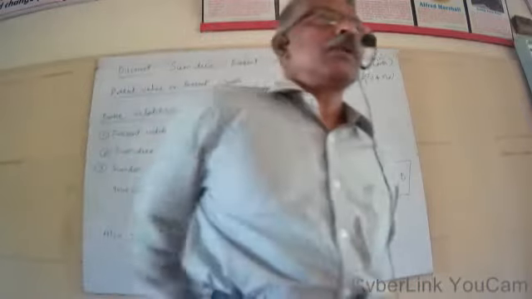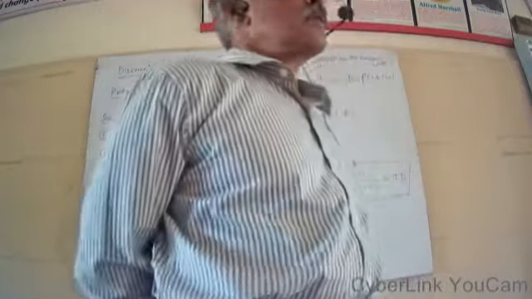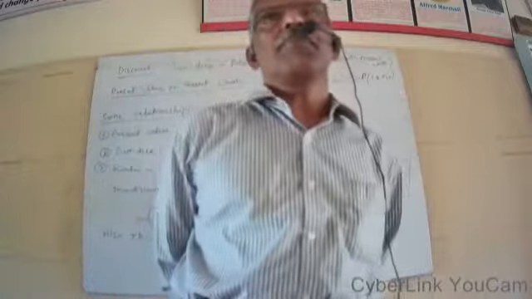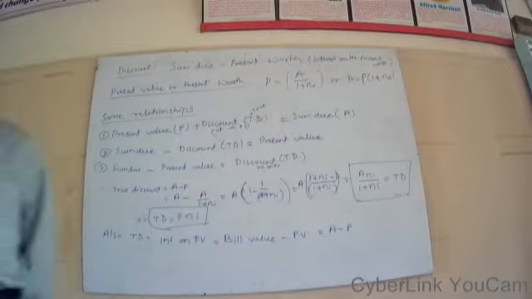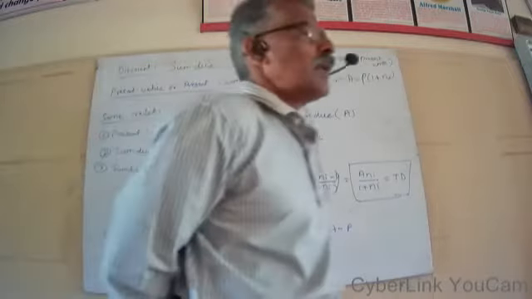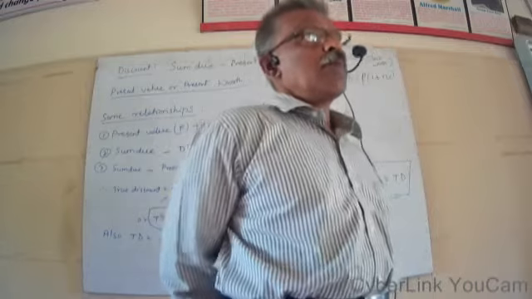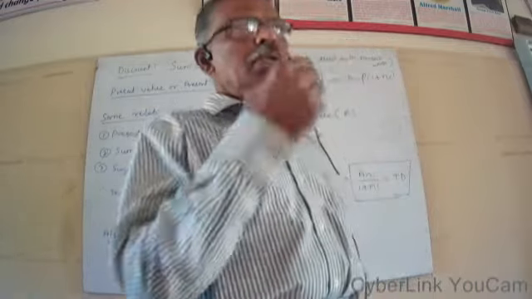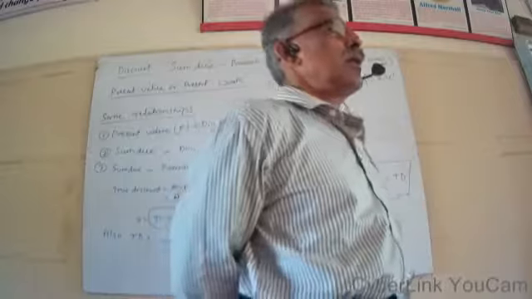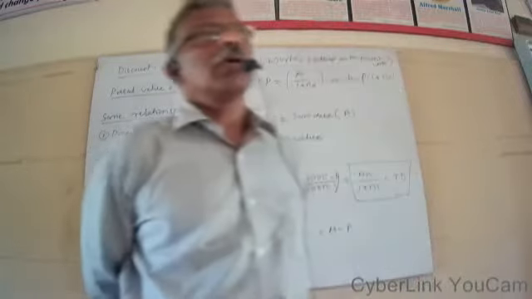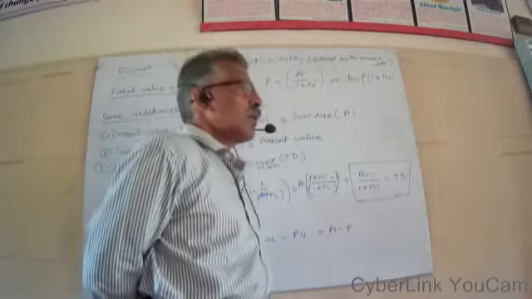Sum due means, in the earlier chapter, you have learned that in simple interest, amount A equals P plus I. P means principal sum, I equals interest, A equals amount. Now here A is called the sum due.